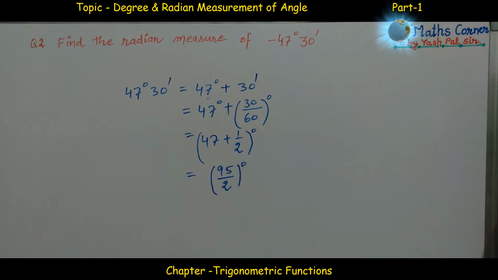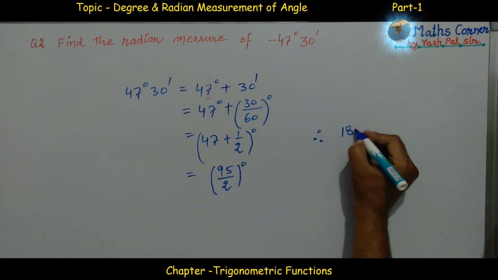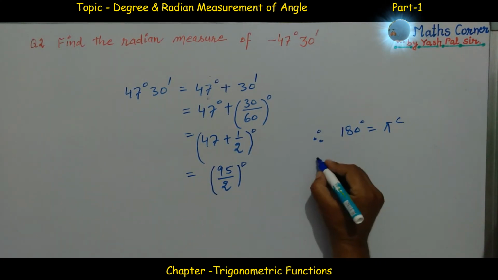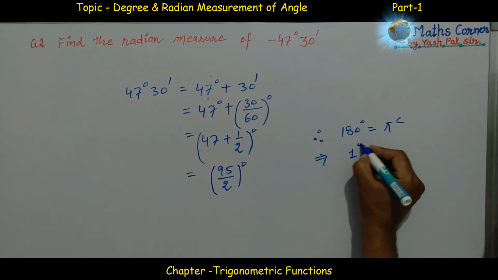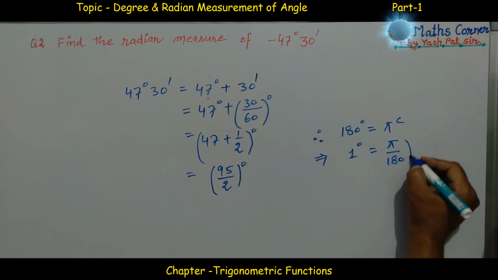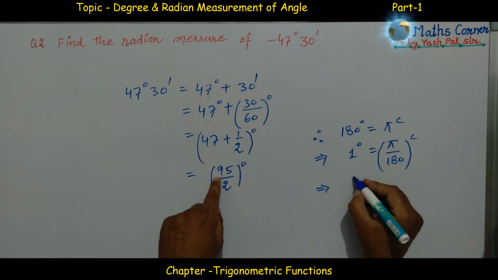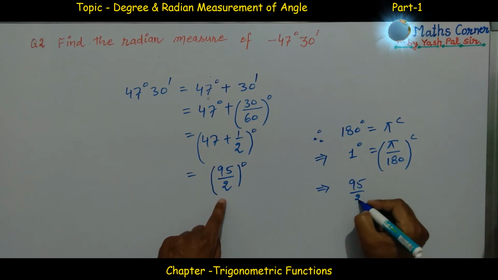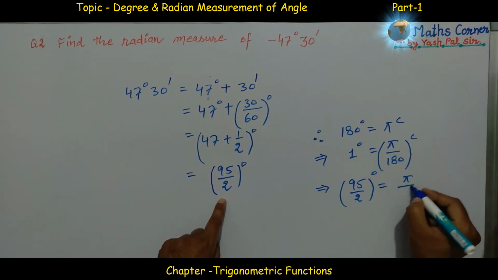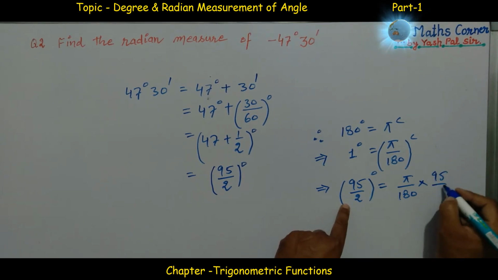Okay, so now what we know, 180 degree is equal to pi radian. So this gives us 1 degree is equal to pi upon 180 radian. This again equals 95 upon 2 degree is equal to pi upon 180 into this 95 upon 2.